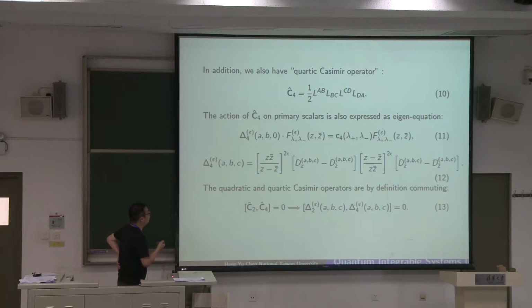But now what you have is 4th order partial differential equations, and we will see the use of those momentarily. But by definition, of course, they commute with each other. So I should say that delta 4 here is really what you write down when you consider the action of the C4 explicitly on the scalar conformal block also.